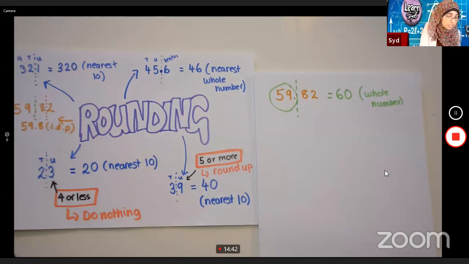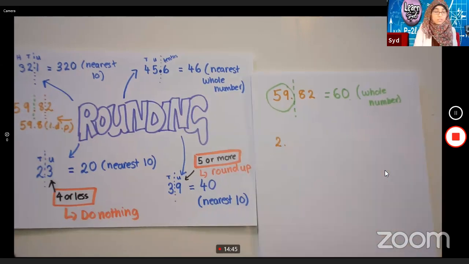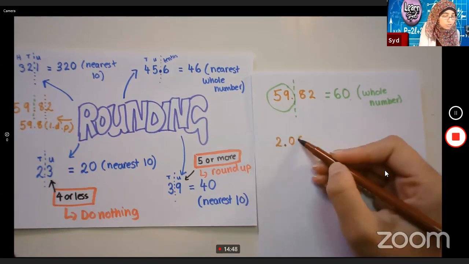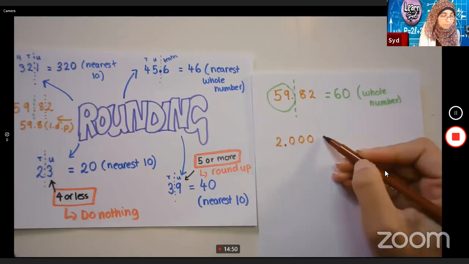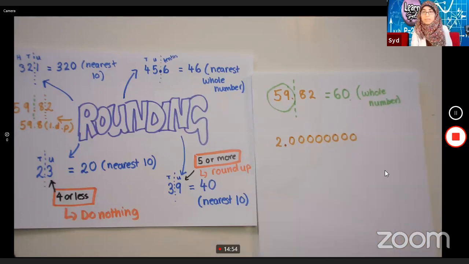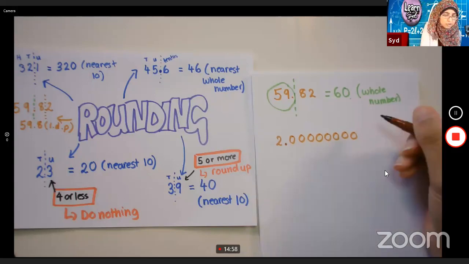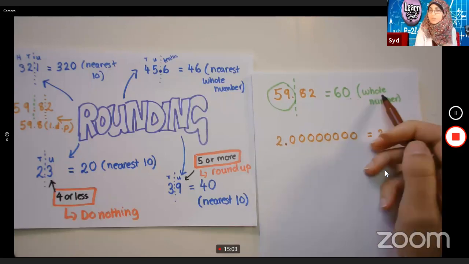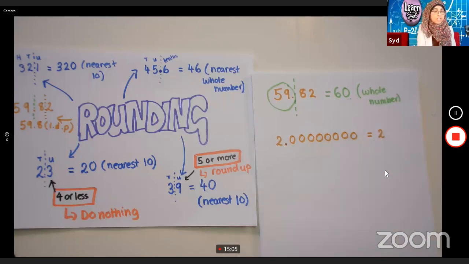So this number, 2, has a decimal point, and it's got hundreds of zeros. We talked about this in our decimal point lesson. We've got loads of zeros here, but we don't write those in. Mathematicians are lazy, they just write that as 2. So this 60 is not going to be 60.00000. We're not going to include that because we don't need it for place value.